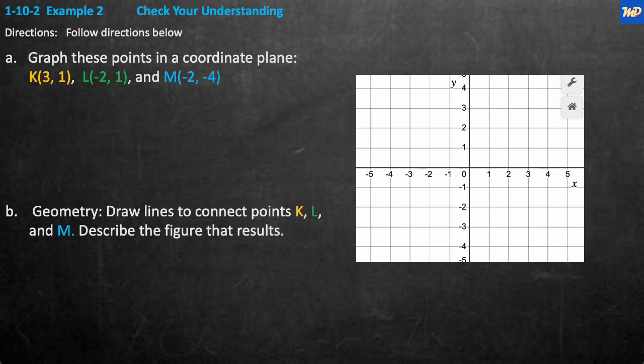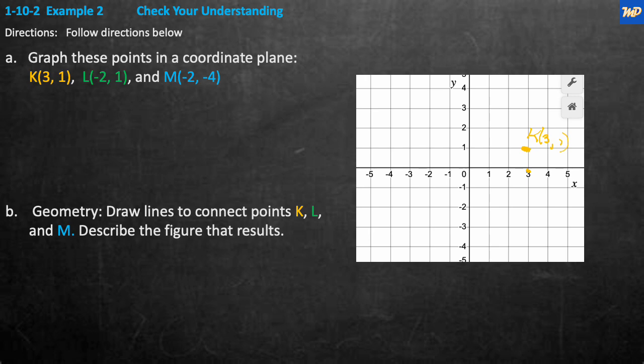That's going to be 1, 2, 3. This is where we are for x, and a positive 1. A positive 1 is above. So right here is K, 3, comma 1.